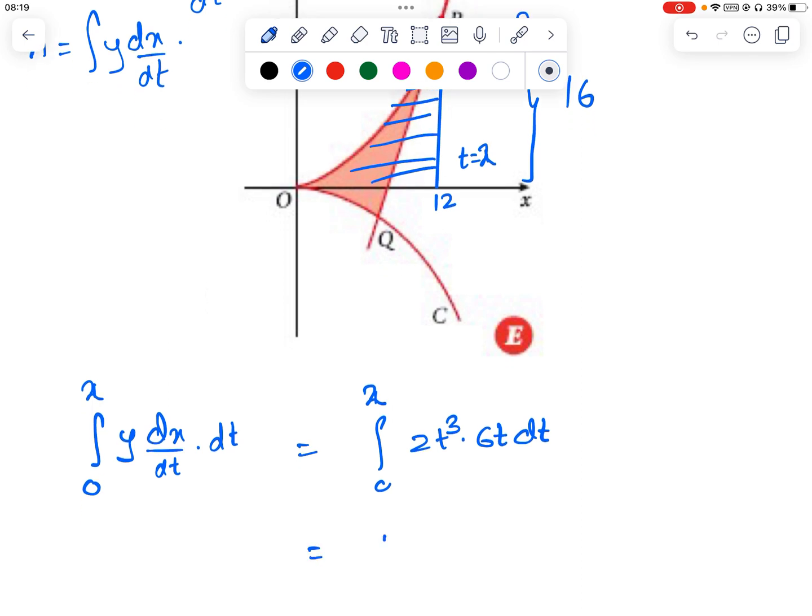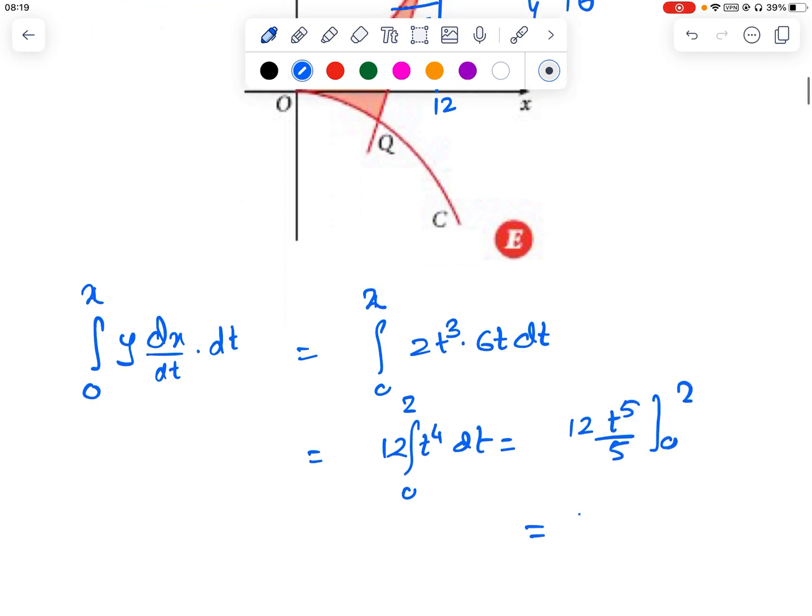What does that become? The integral from 0 to 2 of 12t to the power 4 dt. So 12t to the power 5 upon 5, from 0 to 2. So it becomes 12 times 2 to the power 5 upon 5, which is 12 times 32 upon 5.